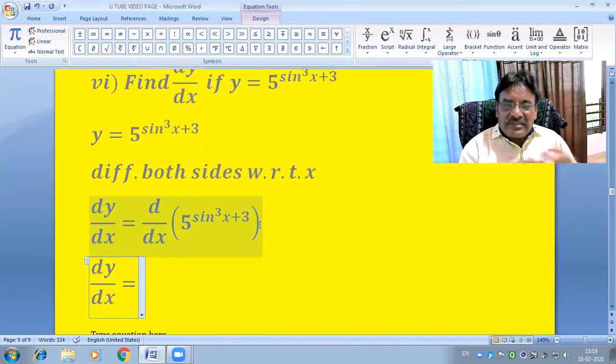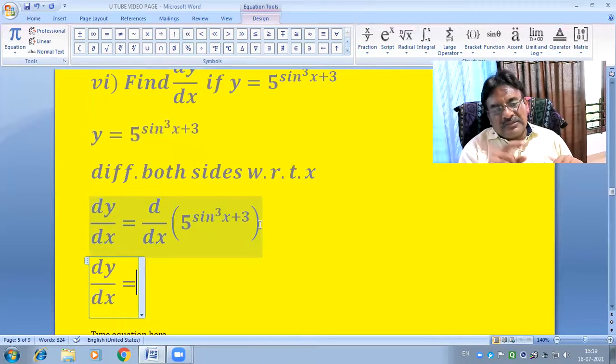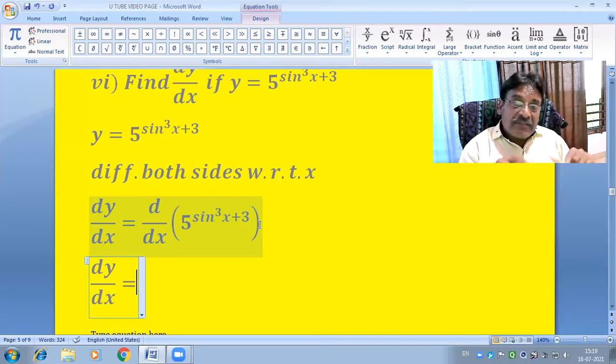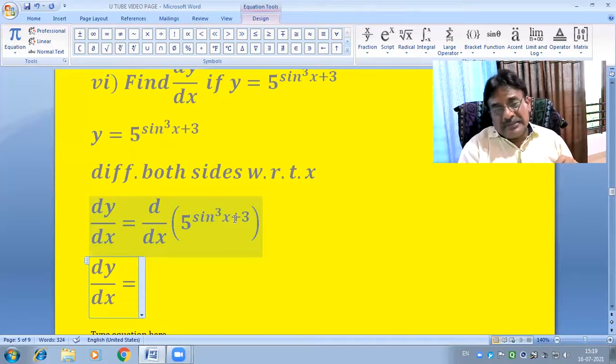And here we use one standard result, that is d/dx of a to the power f(x), which is a to the power f(x) into log a into f dash of x. Again, we repeat this standard result. Remember this result, d/dx of a to the power f(x), where a is constant, is a to the power f(x) into log a into f dash of x. And here f(x) is replaced by sine cube x plus 3.